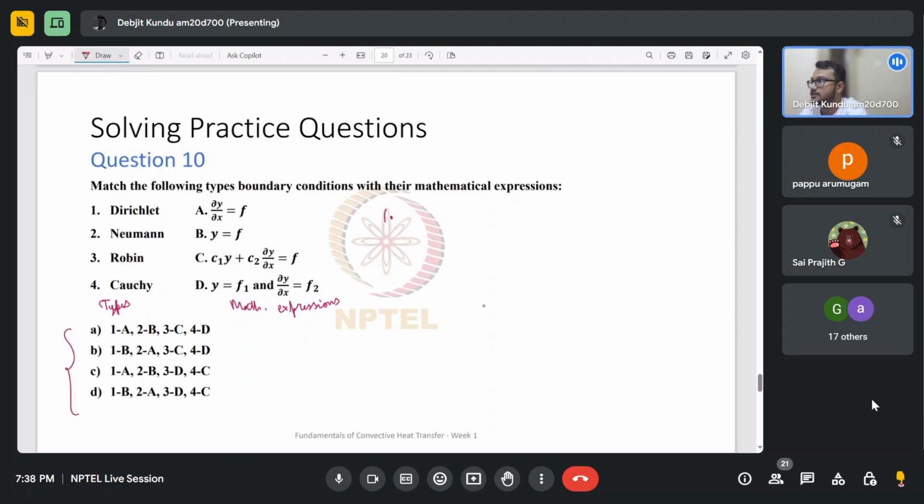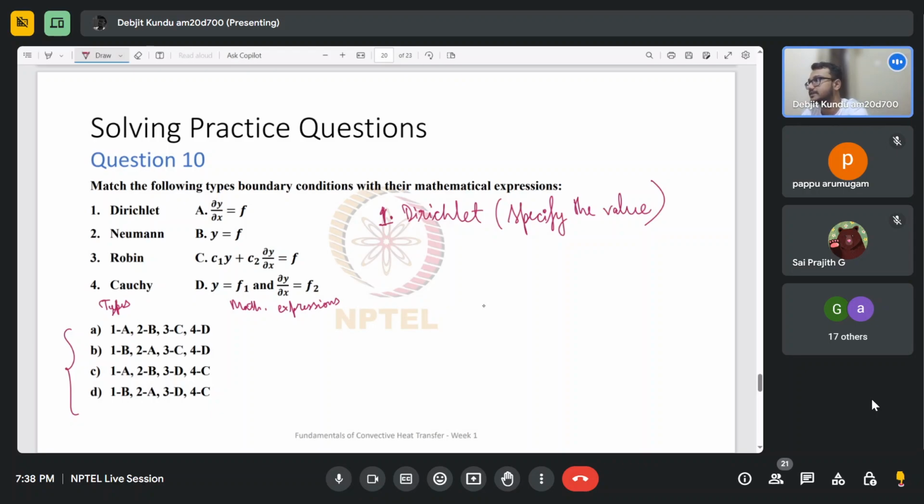So the first one is Dirichlet condition. So in Dirichlet condition, what we do is we specify the value of whatever physical quantity that we're interested in. What would be the mathematical form of it? We're specifying the value of whatever.